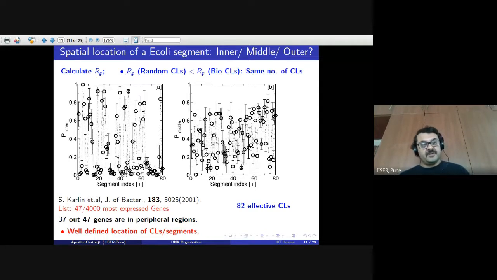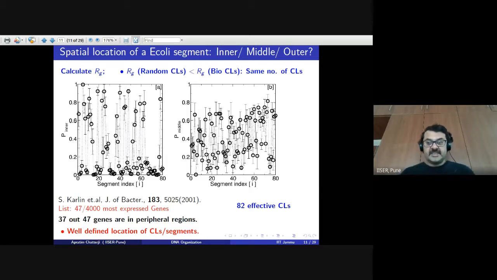Some are never found in the inner region, and certain are found in the inner region but with probability less than 1, like 0.5, because sometimes they can move out into the middle region. And there is a similar data set for the outer region, where certain segments are always found on the outer region. So this is already preliminary data which shows that there seems to be some organization in the DNA polymer due to the presence of crosslinks.